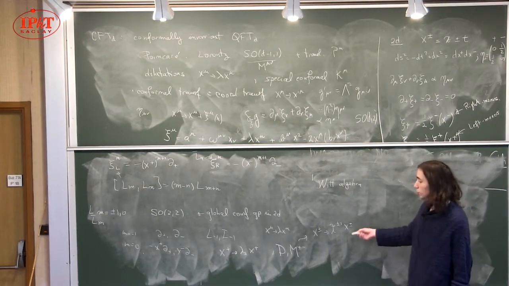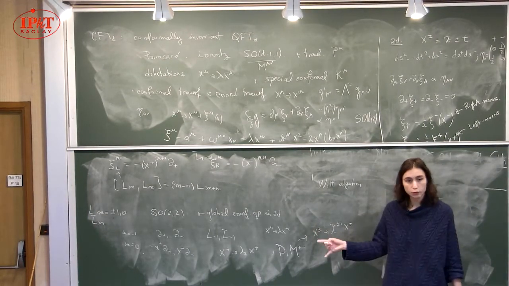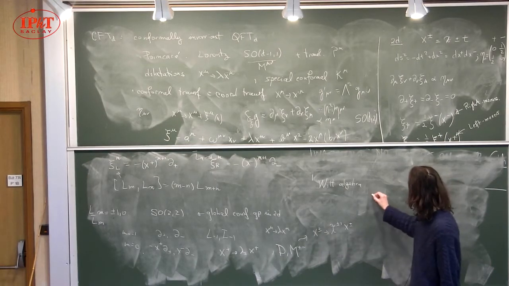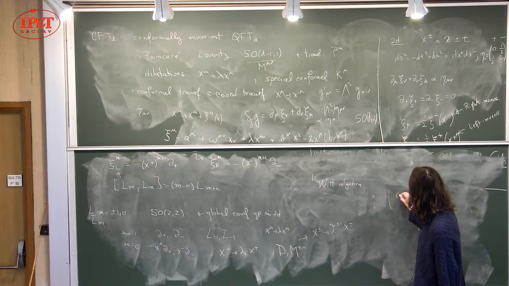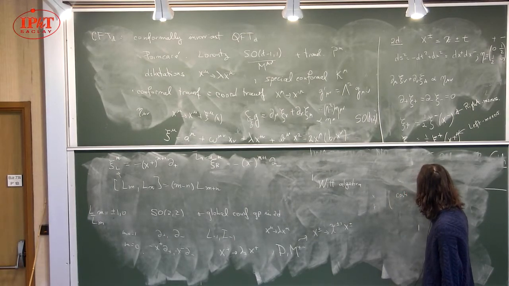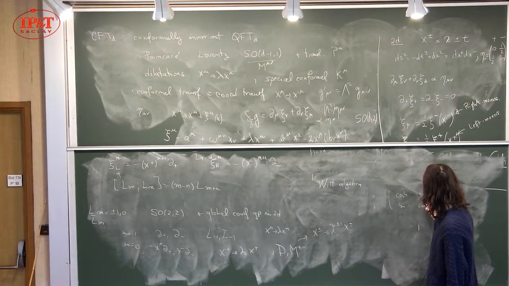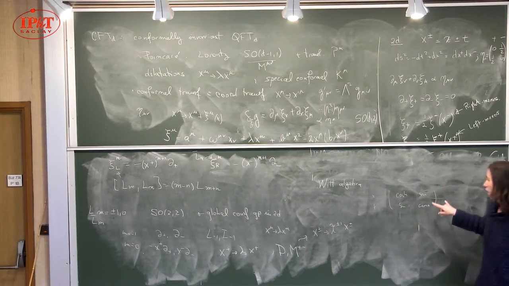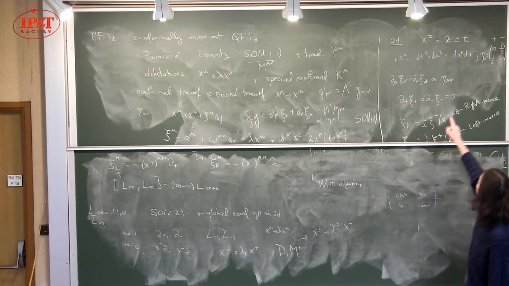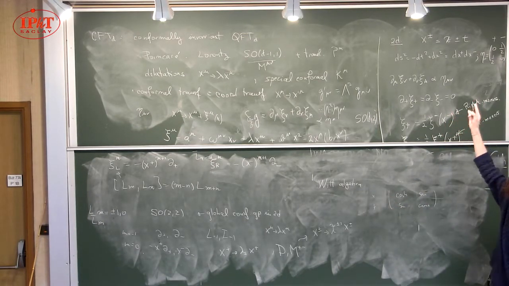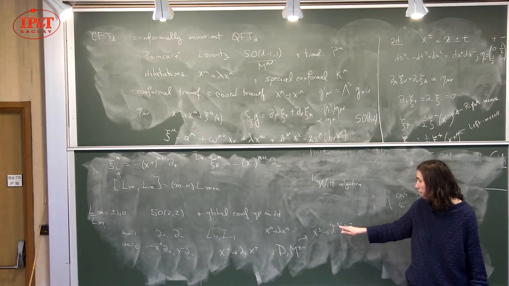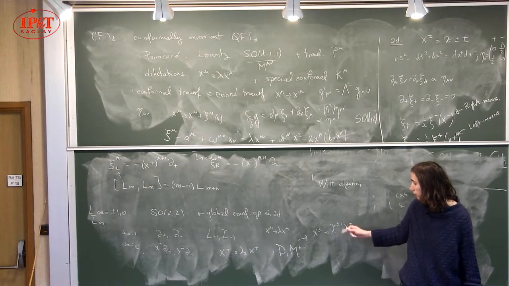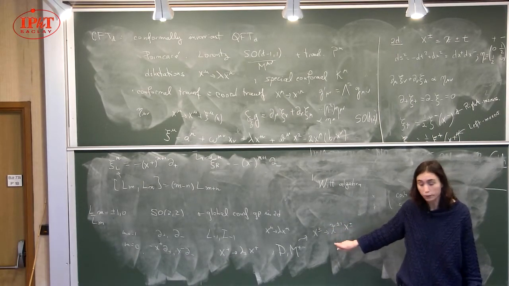If you take the usual formula for the boost, which on x and t acts like cosh, sinh, cosh, and instead you act with it on the light-like coordinates, which are x plus minus t, you find that at the level of the light-like coordinates, this thing just acts like multiplying x plus by a constant and dividing x minus by the same constant.